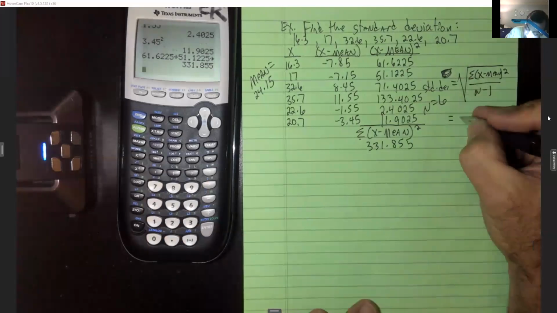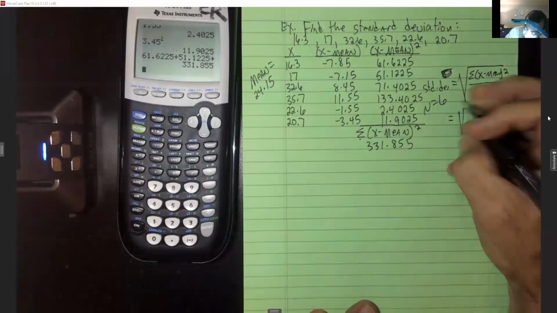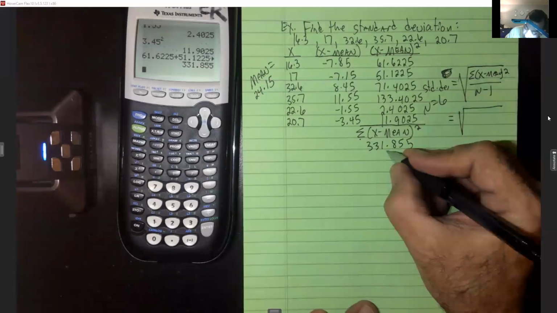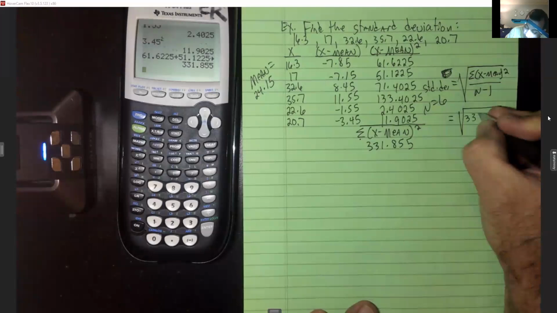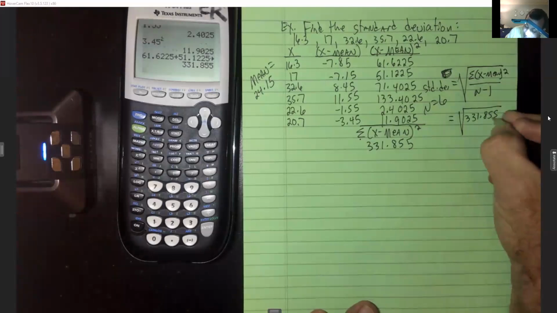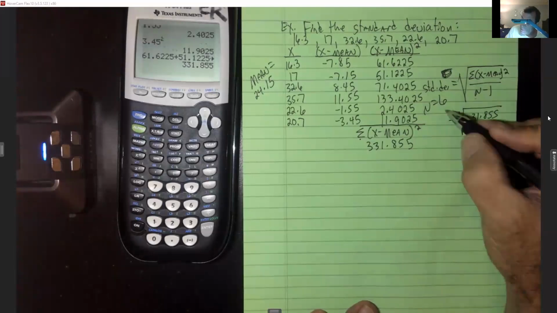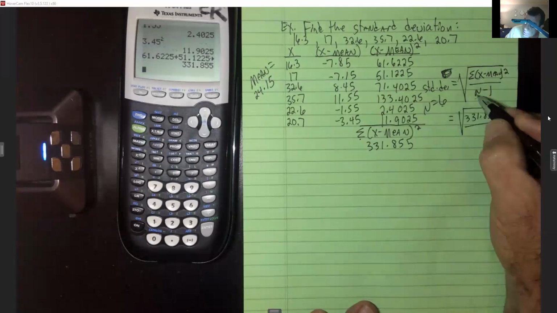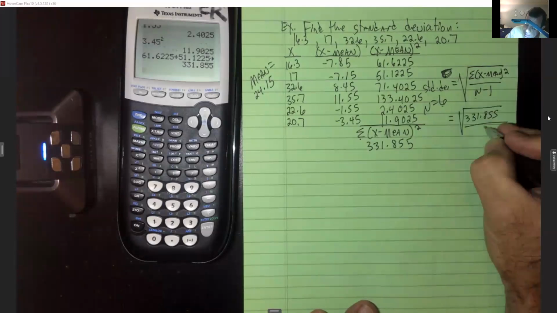So my standard deviation is going to equal this sum, which was 331.855, divided by my n, which is 6, minus 1. 6 minus 1 is 5.